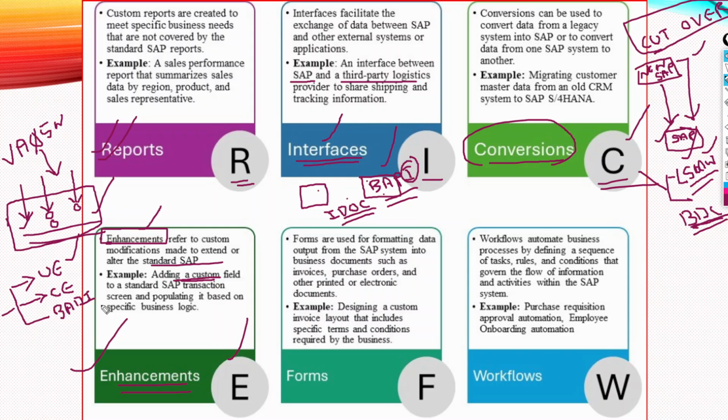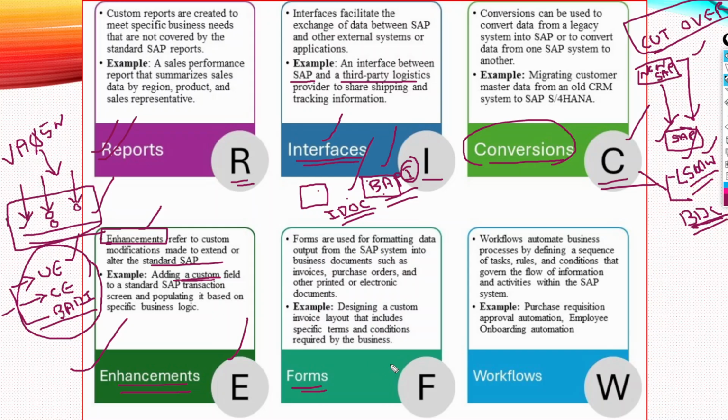Just have an understanding that user exits, customer exits, and BAdIs all come in one block, and your BAPIs will come in a separate block. For the time being, for conceptual understanding, BAPIs will come under interfaces, and BAdIs will come under enhancements. We are going to understand these in detail at later stages.